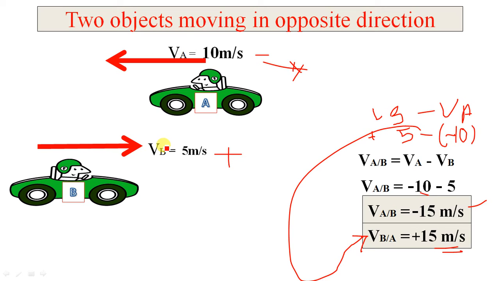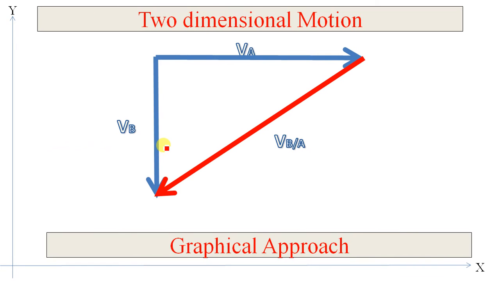This is your experience. This is now two-dimensional motion, graphical approach. Let's say that this car is moving towards right and another car is moving in the negative y direction. This is the positive x direction and this is the negative y direction. When we have to find the relative velocity of B with respect to A, we have to use the graphical approach.